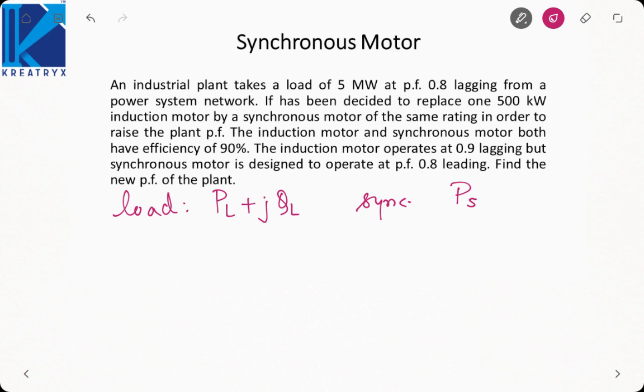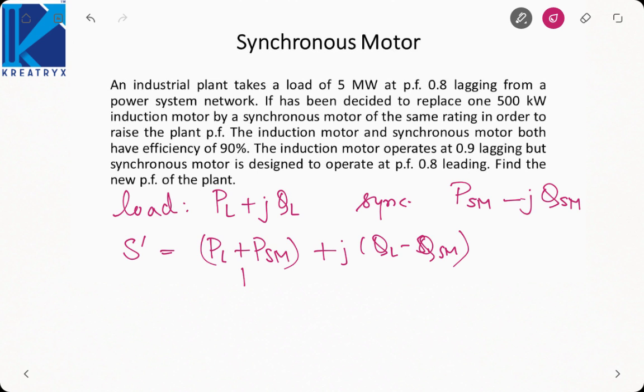It will have a certain real power and reactive power. Usually we take this as negative because we have to reduce the reactive power in order to improve the power factor. So, now the new apparent power is PL plus PSM plus j QL minus QSM.